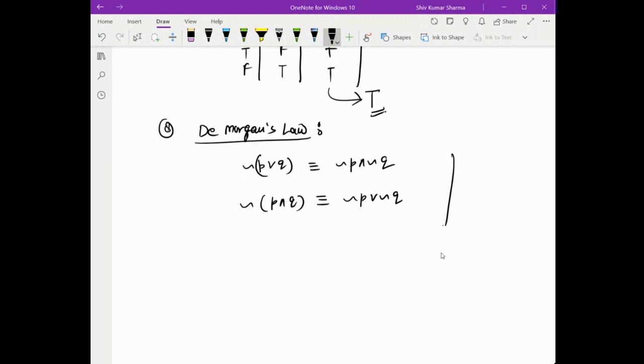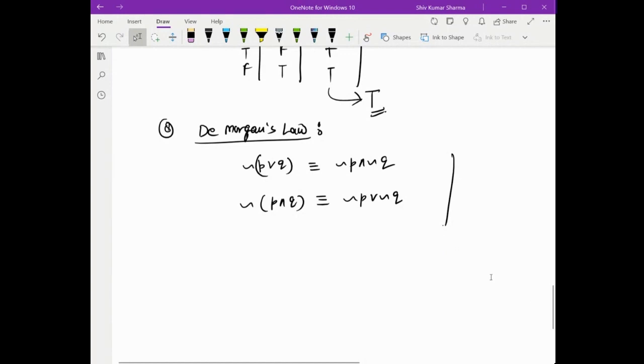So we have 5 connectives, and you should remember all the 5 connectives and their symbols, and the concept of the bracket. When we have brackets between the statements or propositions, first we solve the bracket. Now we move to the next topic.